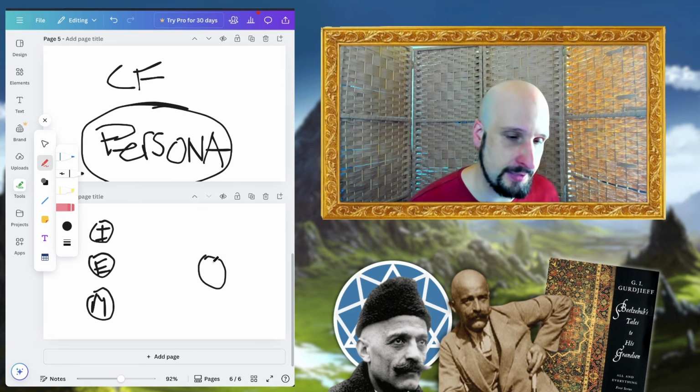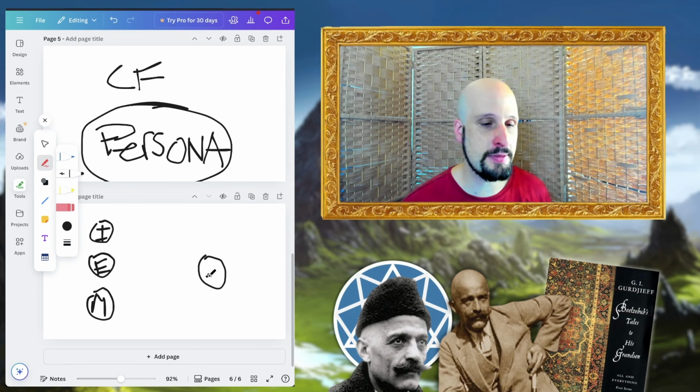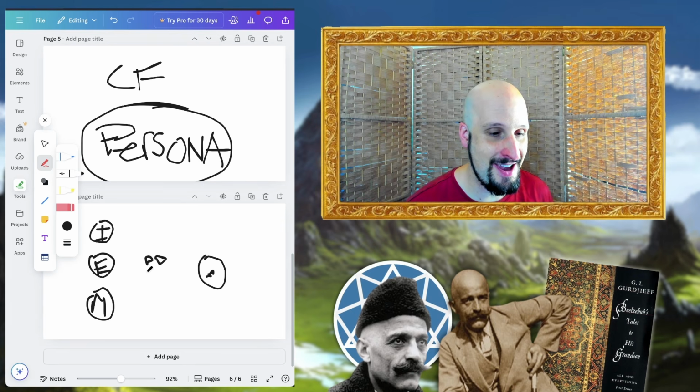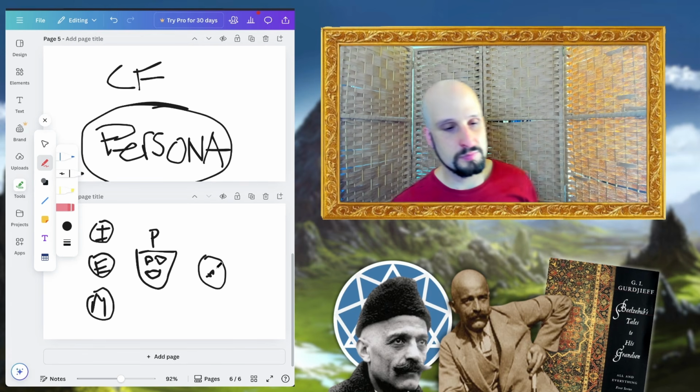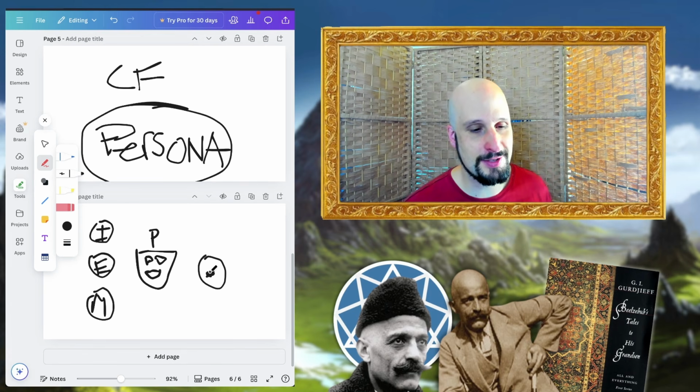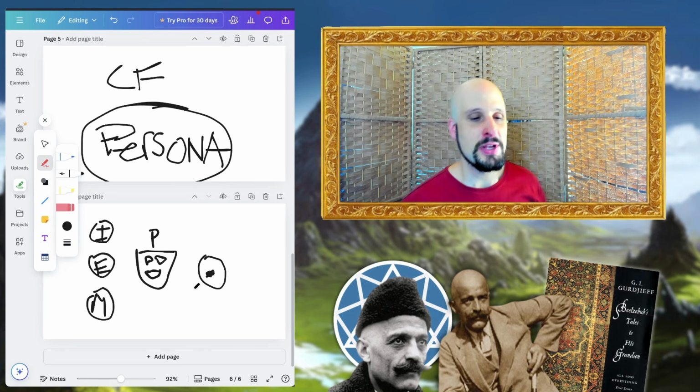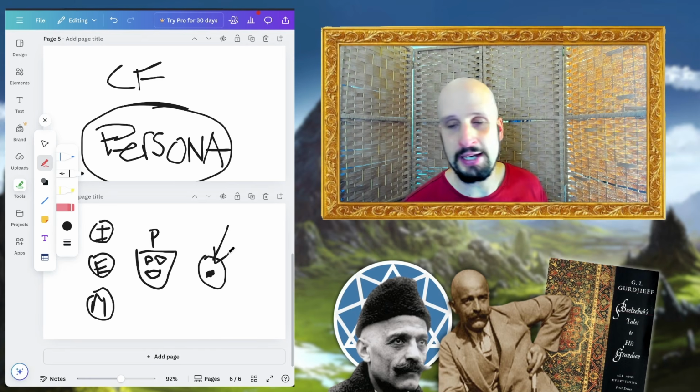And then you've got this other thing, and in between them is the mask. Let me draw a crappy mask here. It's like a little clown mask. And then this is the secret third thing. This is the thing, okay?